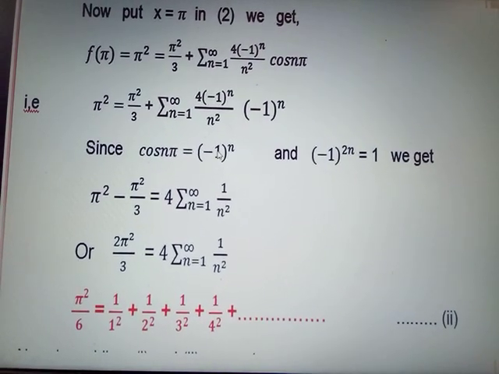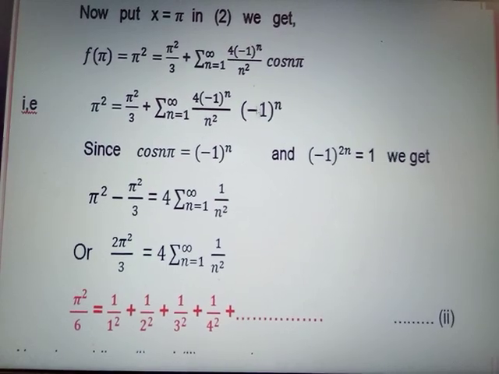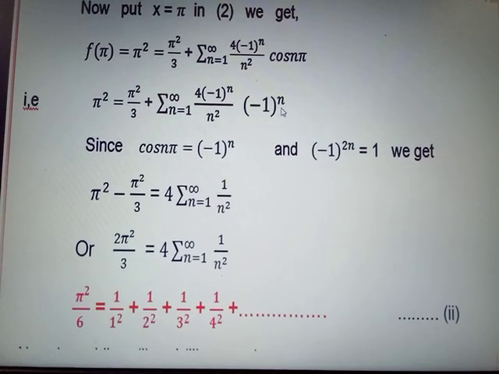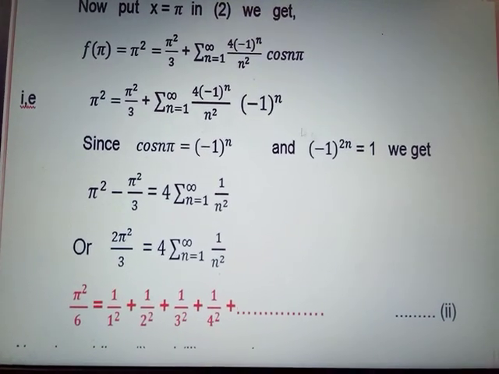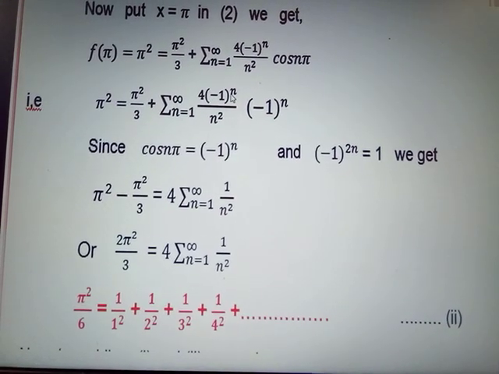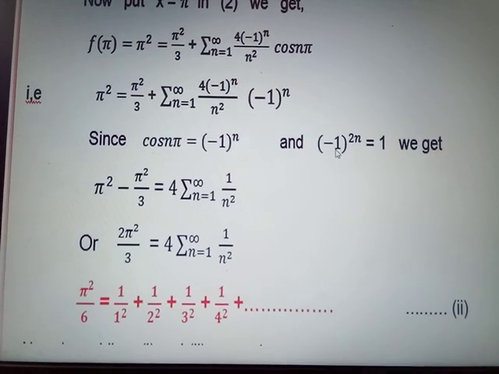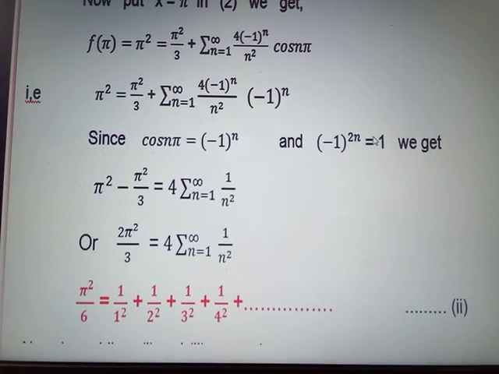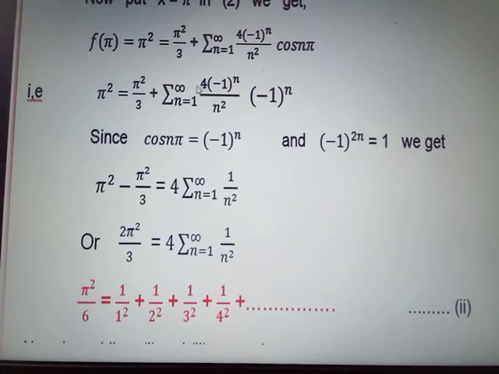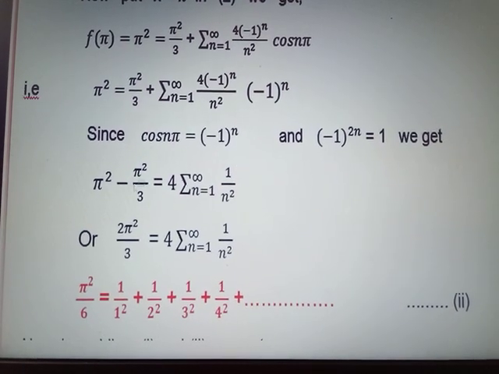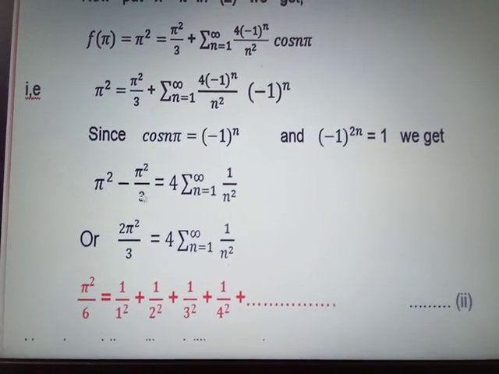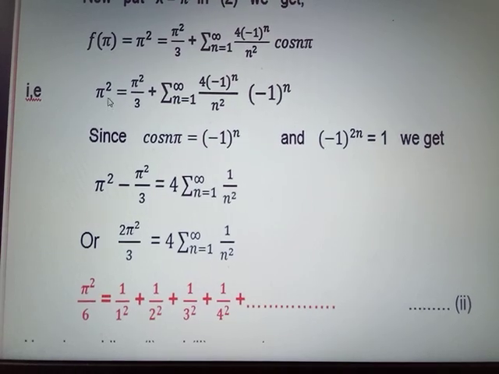Since cos n pi value is minus 1 raised to n, therefore minus 1 raised to n here it is, and minus 1 raised to n into minus 1 raised to n will be minus 1 raised to 2n, which is equal to 1. Therefore, this 4 is constant, take it outside this summation and take this pi square by 3 to this side.